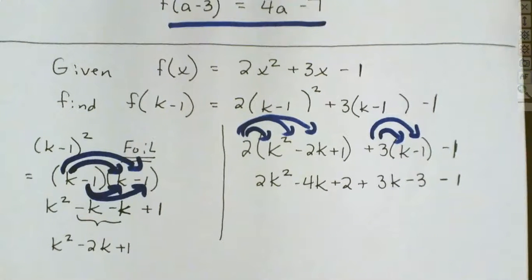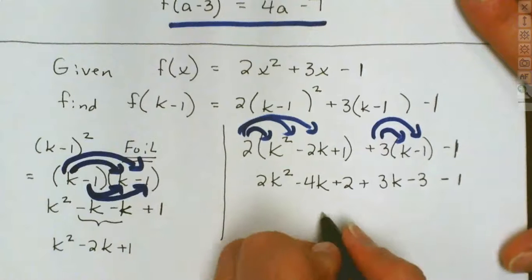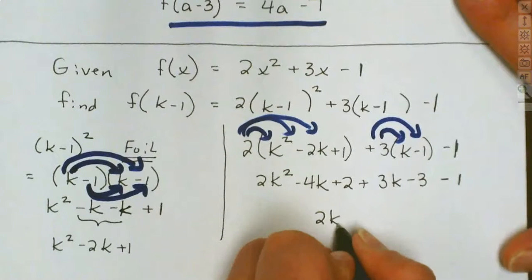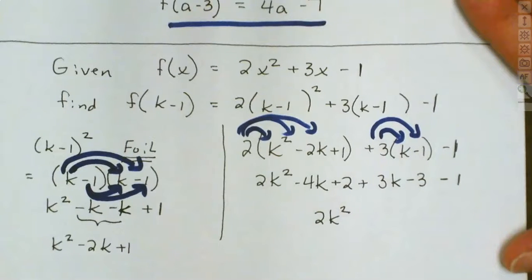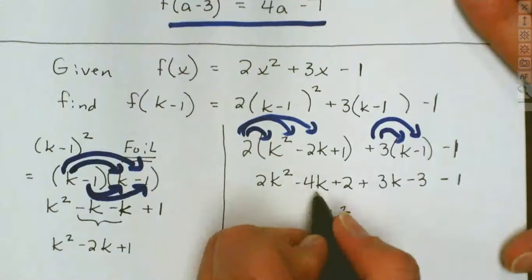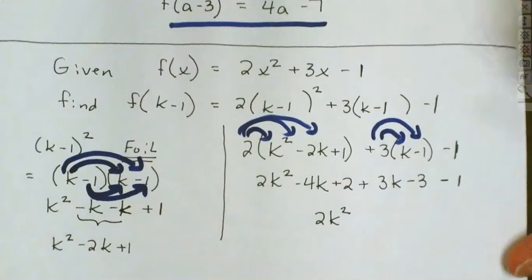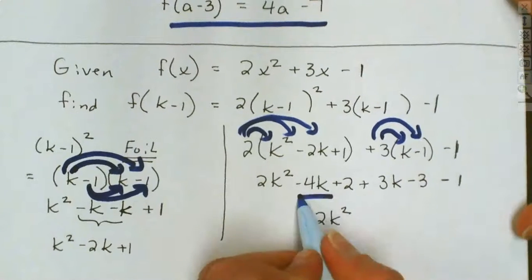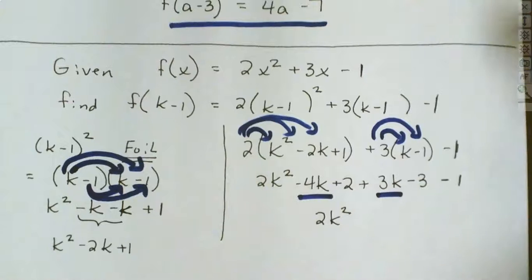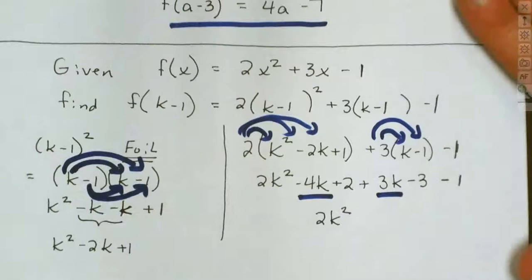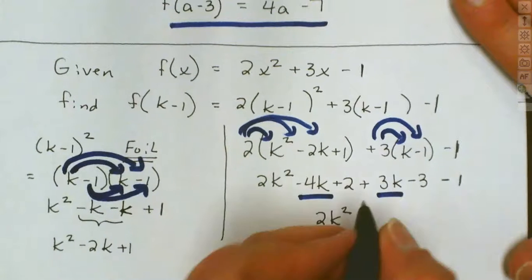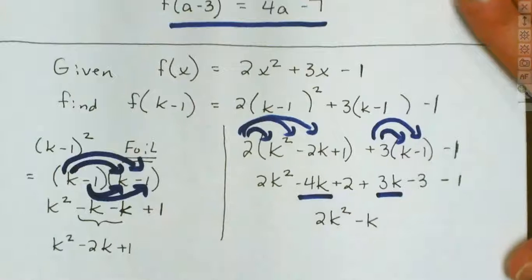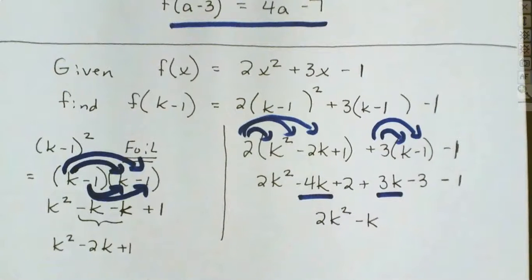Now we can combine. Always write the highest power first, so that's 2k squared. Then we can look at the k's. How many k's do we have? We have minus 4 and 3. So minus 4 plus 3. That makes it a minus k. And now we do the numbers at the end.